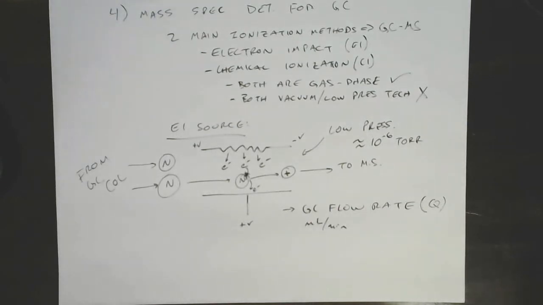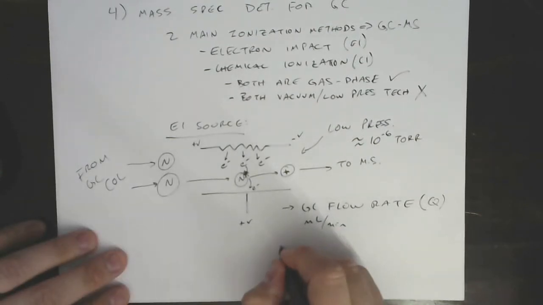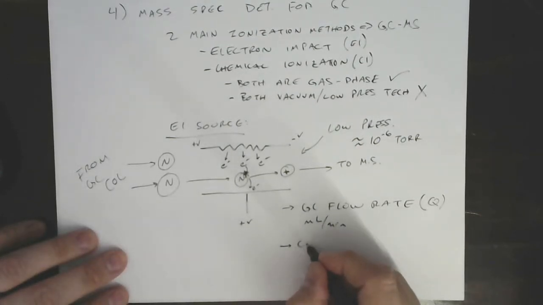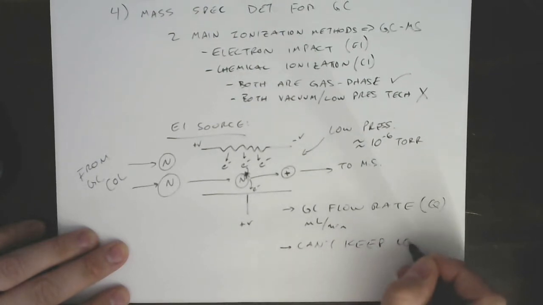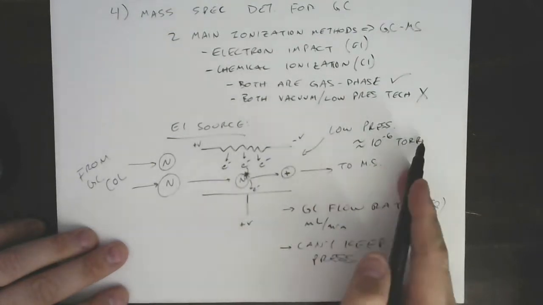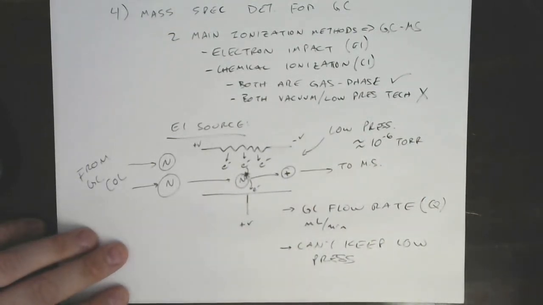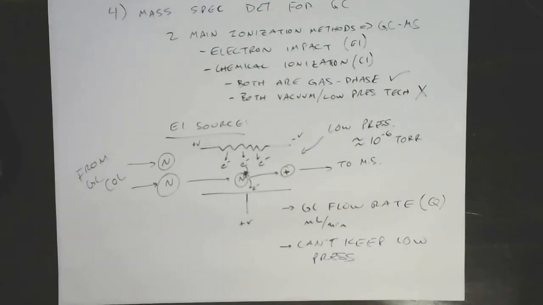So you have a bunch of material that's mostly carrier gas that you're trying to dump into this low pressure environment. And the bottom line is, if you send all this in there, you can't keep low pressure. All the space you've evacuated from atmosphere, you will fill up with carrier gas. So you can't keep low pressure when you're pumping at those kinds of rates into the ionization source.